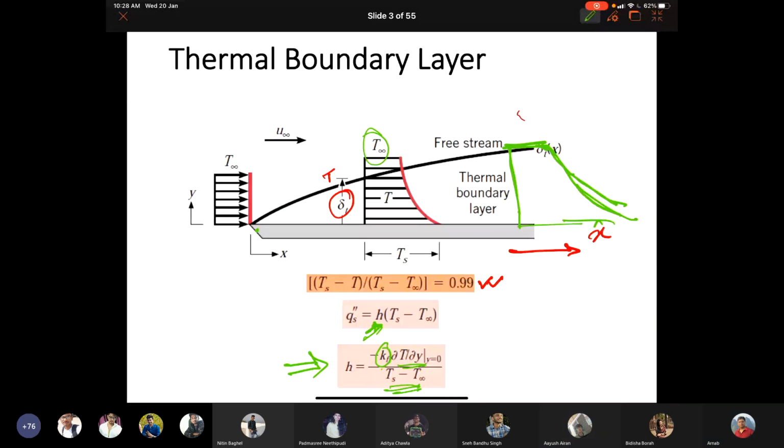That means your temperature gradient decreases, so this H decreases with increasing x.